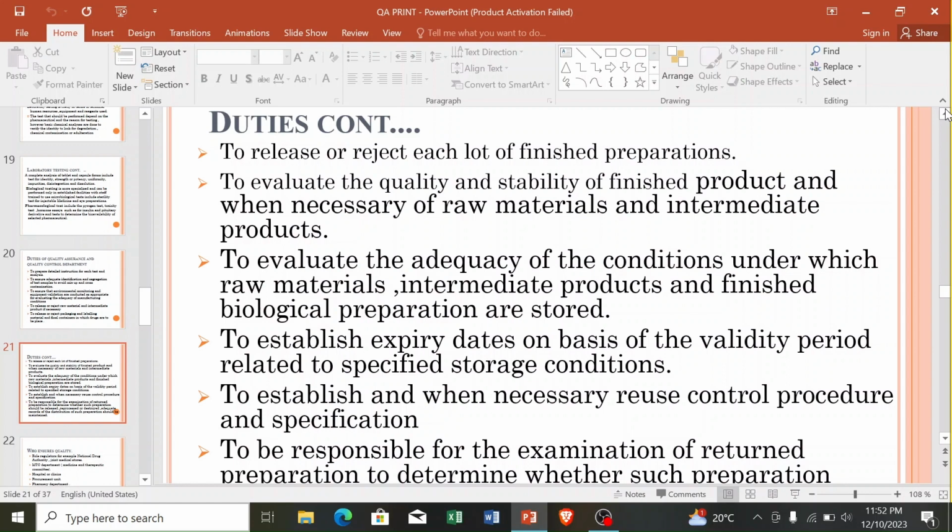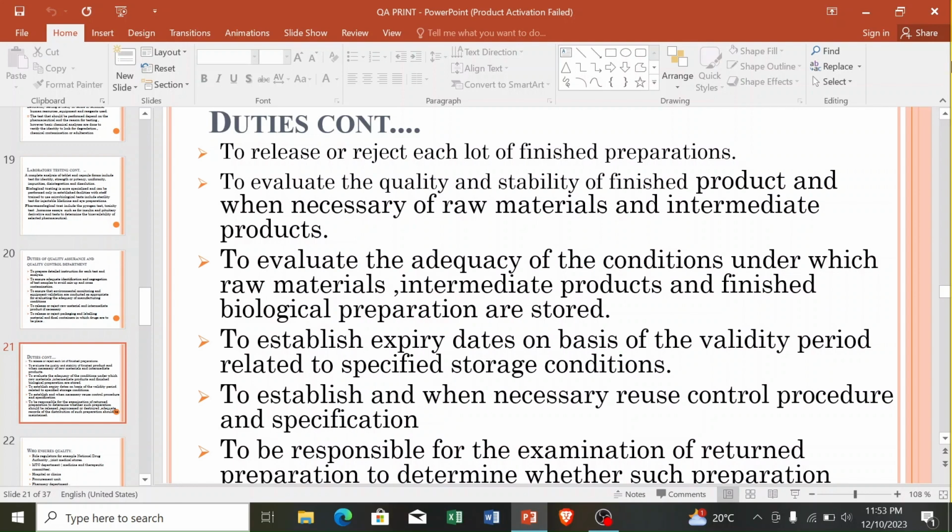In case we find there is instability, in case we find that what we have prepared is of low quality, the quality control and quality assurance department will have to reject it from being released on the market, because when we release it, we are going to affect our patients, and it can lead to death or prolonged illness, or it can make our company lose credibility.